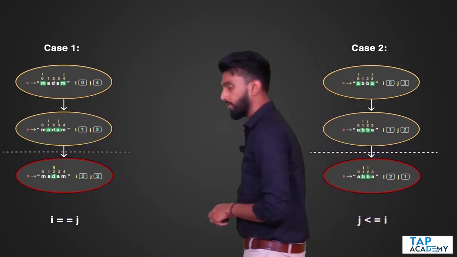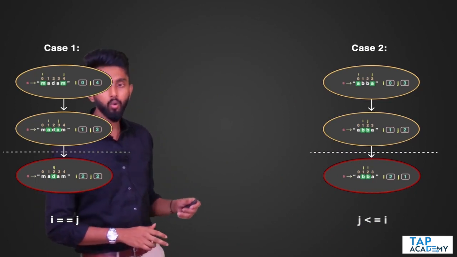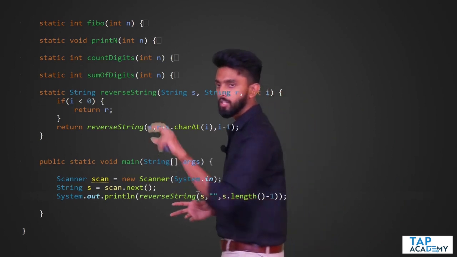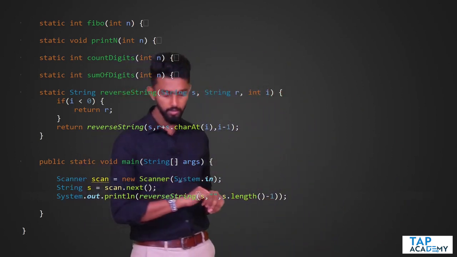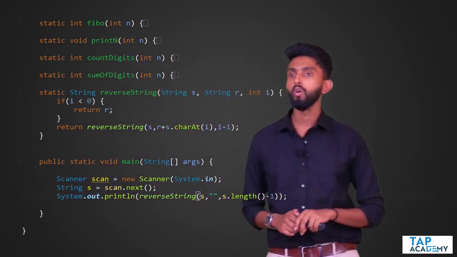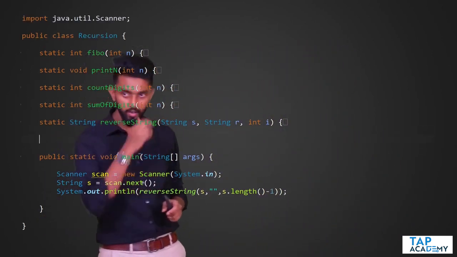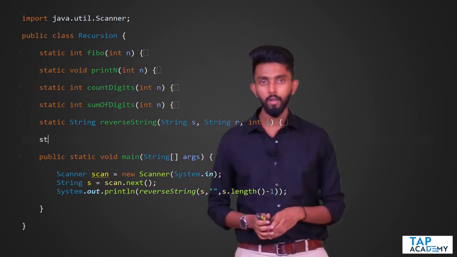Okay, good, fine. Let's go and now write the code for this. So watch it. Here, in my editor, I'll just reduce this function and keep it. Here I'll write a static.